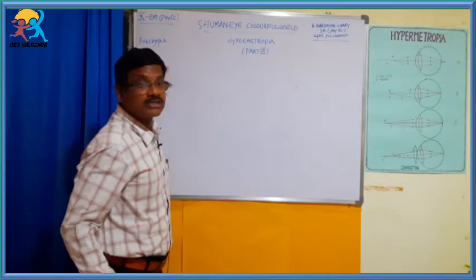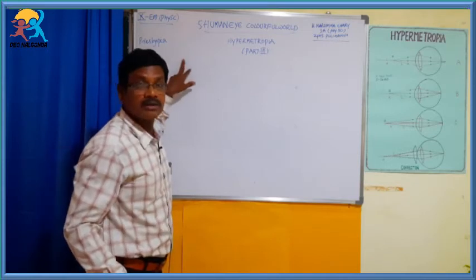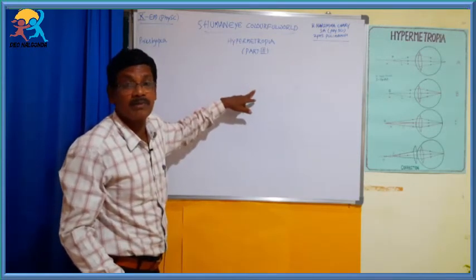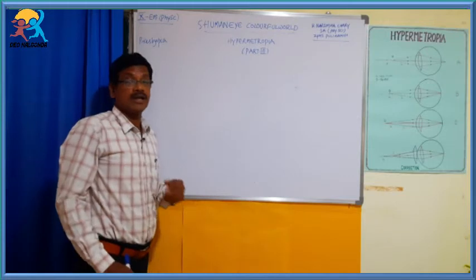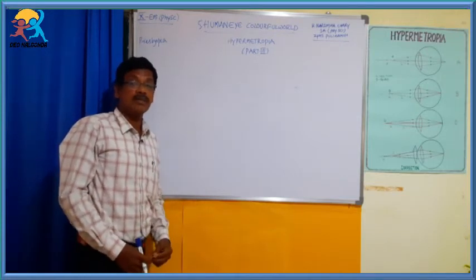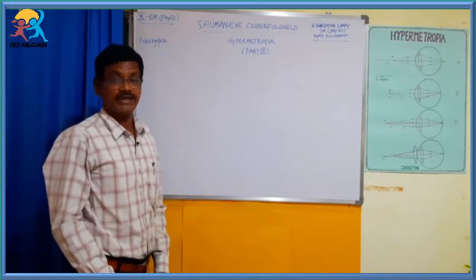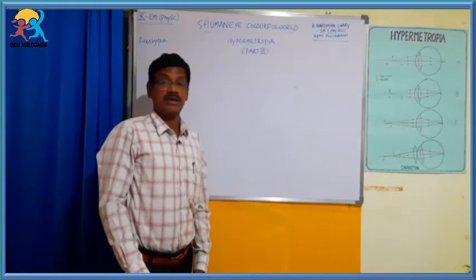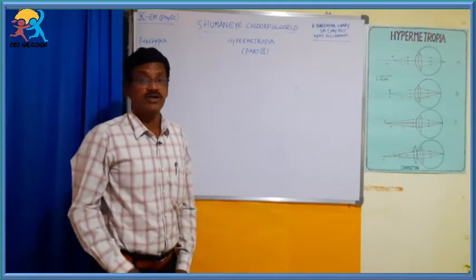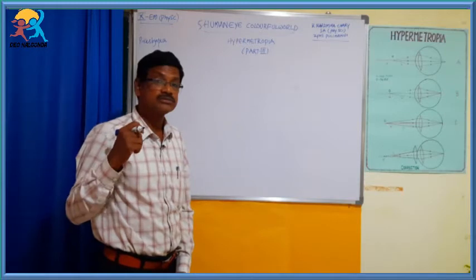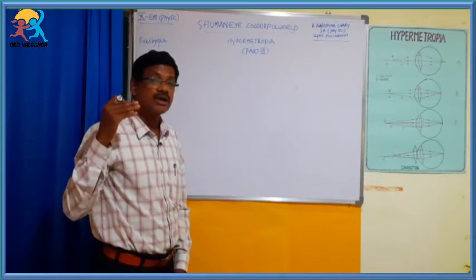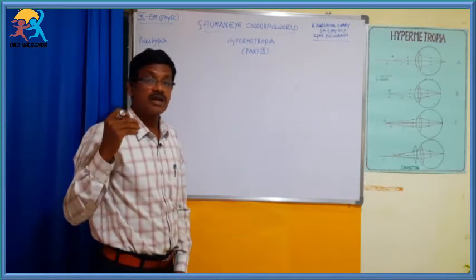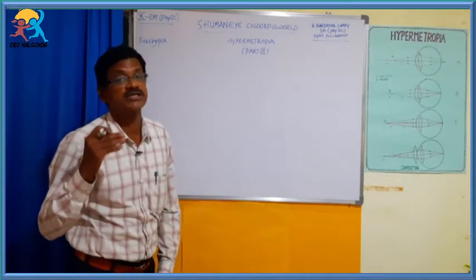Coming to the correction of presbyopia, we need to select a suitable lens called a bifocal lens. In the correction of presbyopia, we use a bifocal lens, which consists of two parts. The upper part is a concave lens and the lower part is a convex lens.